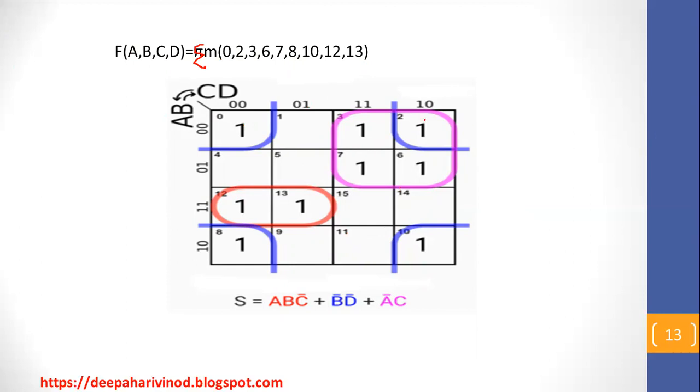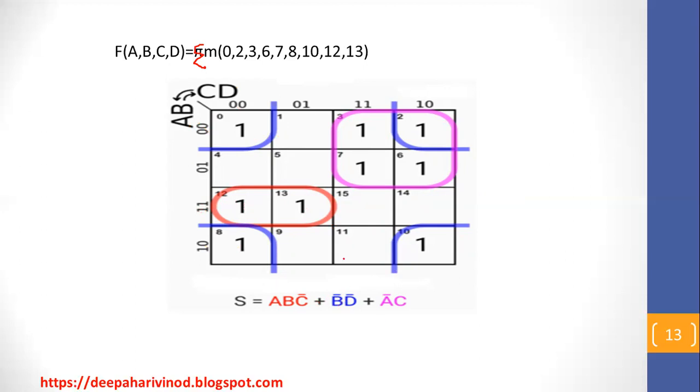All the corner 4 ones I will group together, and these 4 ones I will group together. The remaining is these two. For this, the common term row wise is AB, column wise C bar. So AB C bar. Next, for the corners, check row wise what is common.